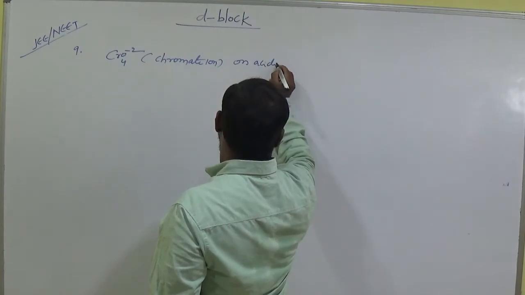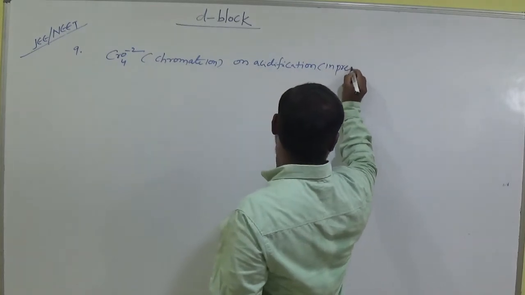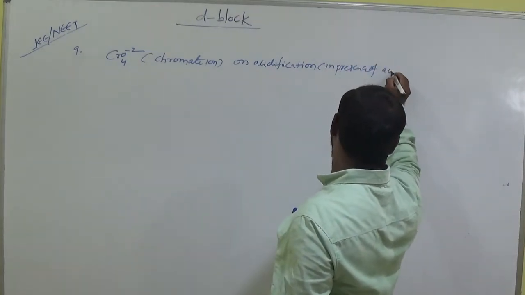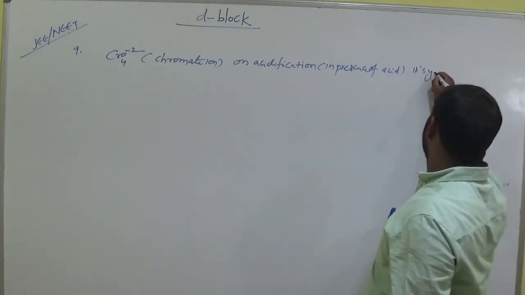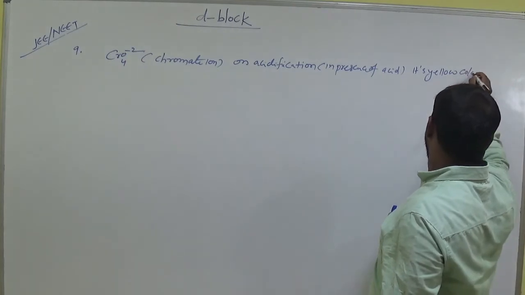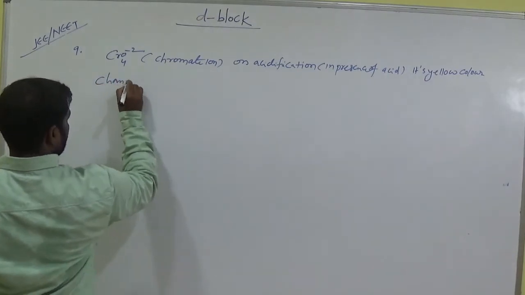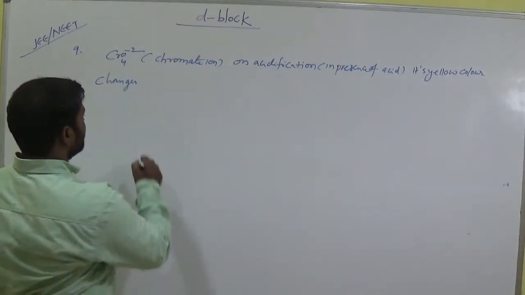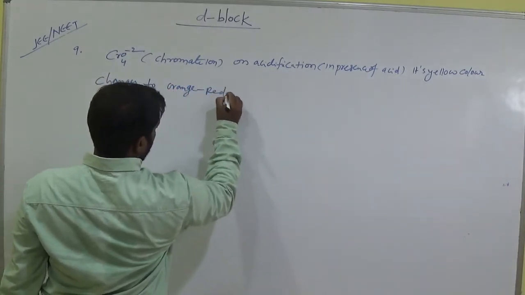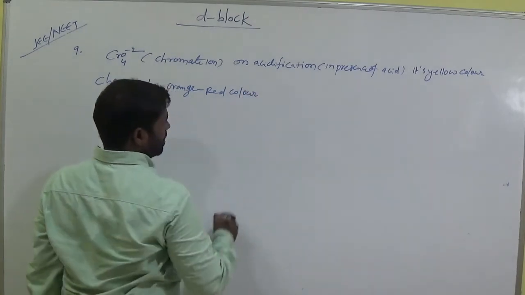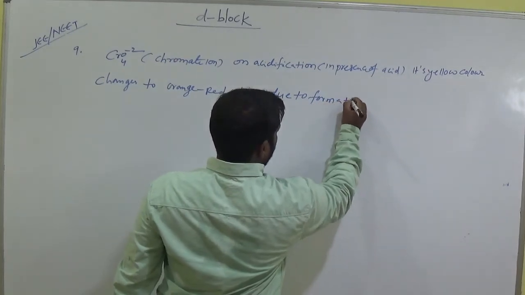On acidification, that means in presence of acid, its yellow color changes to orange red color due to formation of which ion?